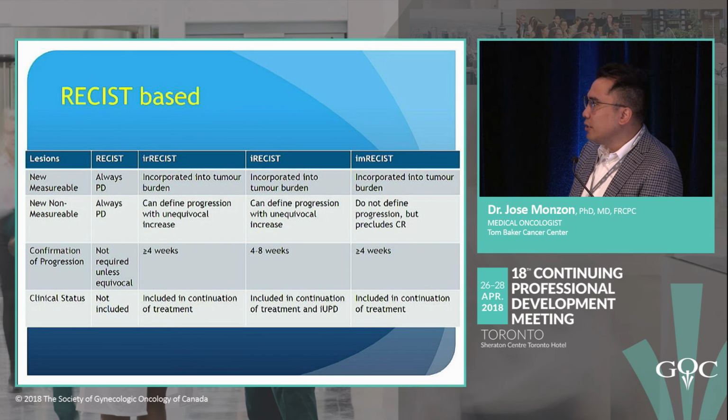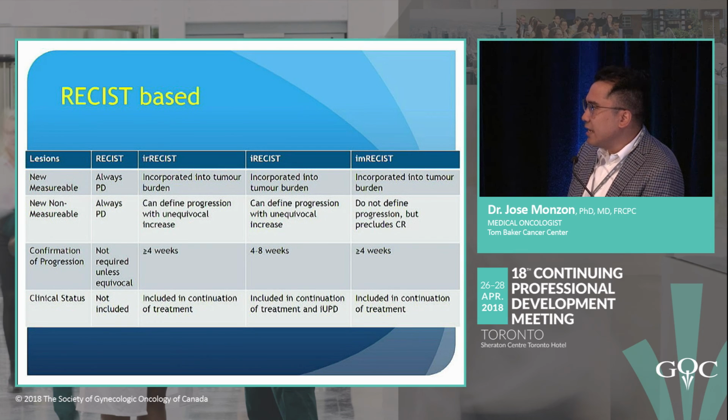Now, new non-measurable disease in imRECIST is not used to define progression, but it has to completely disappear to be a CR. But in iRECIST and irRECIST, you can actually use non-measurable disease to determine unequivocal progression. So these are a little bit of nuance that is not that interesting, actually, but I just bring it up to demonstrate that there are these unique differences amongst them.